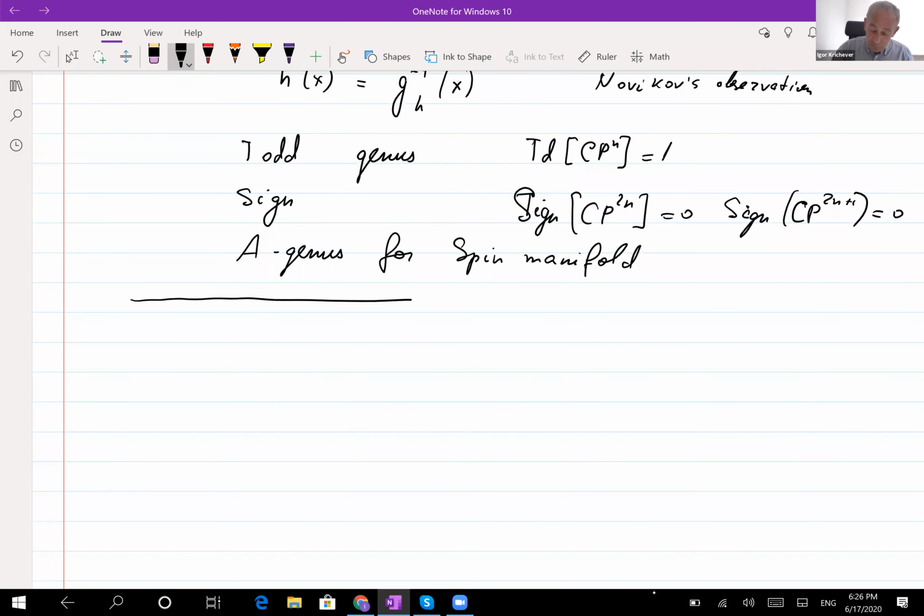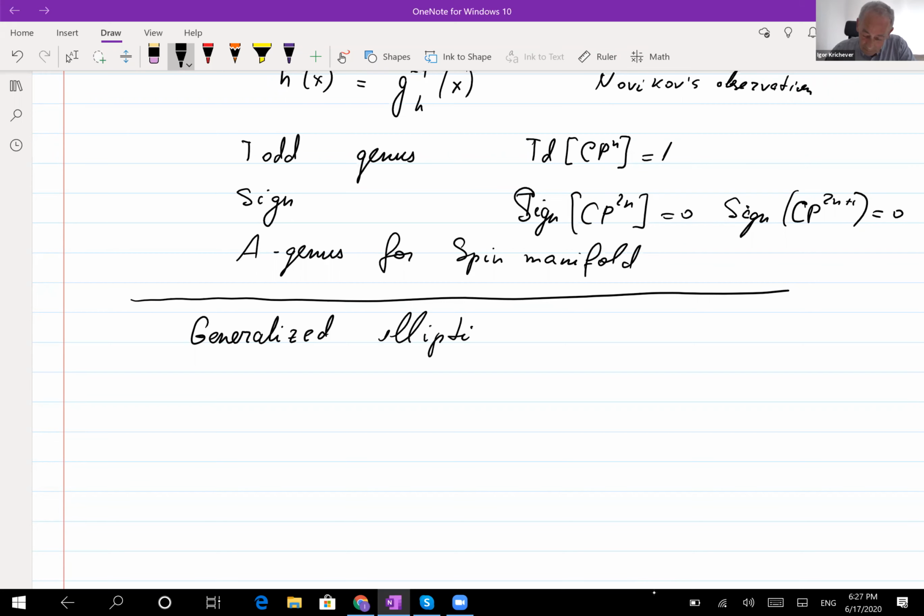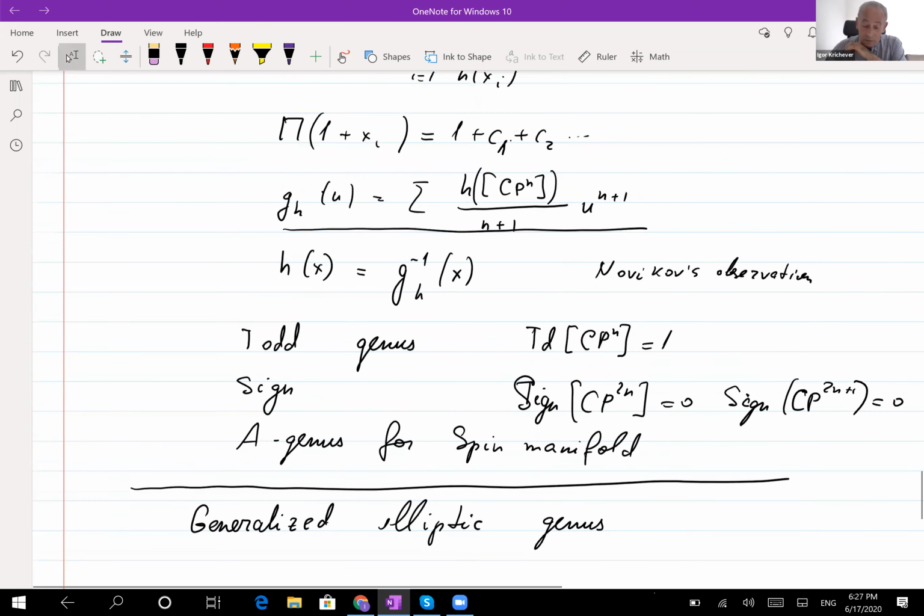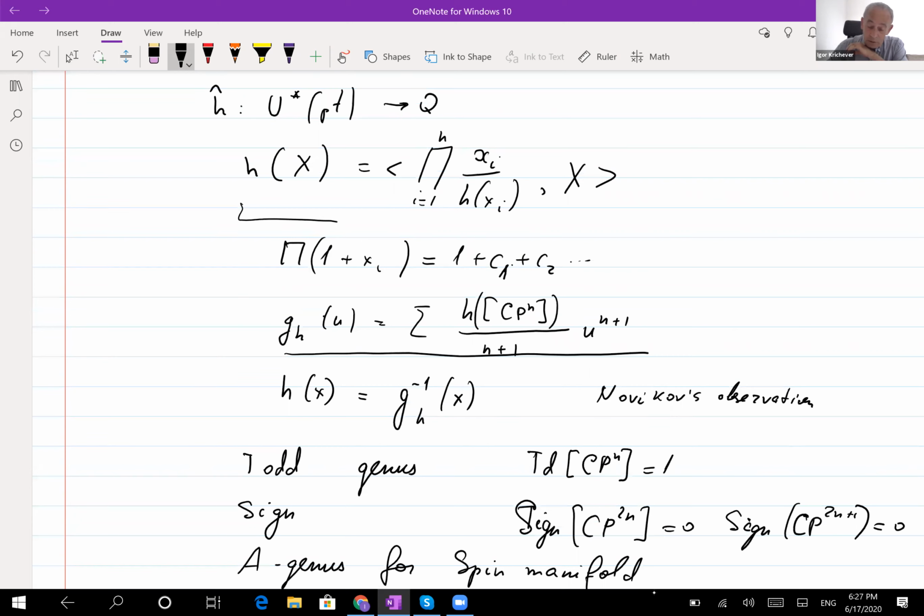Now I want to define, in a certain sense, the most general form, the generalized elliptic genus. So this is a particular case of the Hirzebruch multiplicative genus. As we know now, any genus is defined by one formal series, h of x.